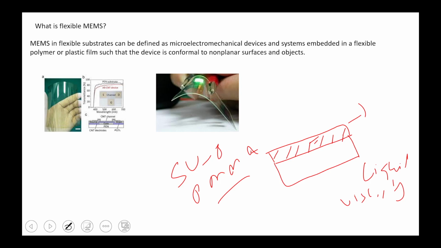In these two diagrams you can see that it can be bent. We can bend the substrate to any radius, and after removing the bending it remains in the same form. That is the advantage of flexible substrates.